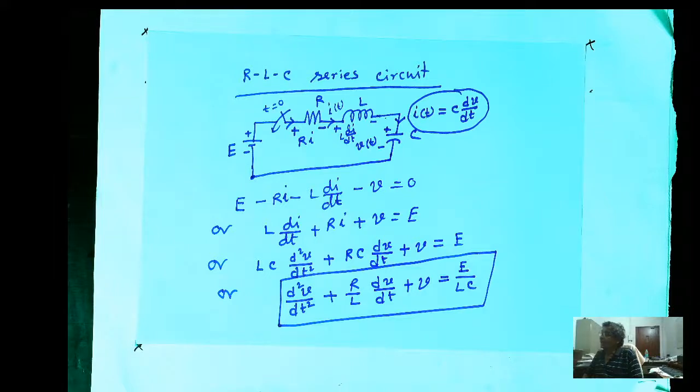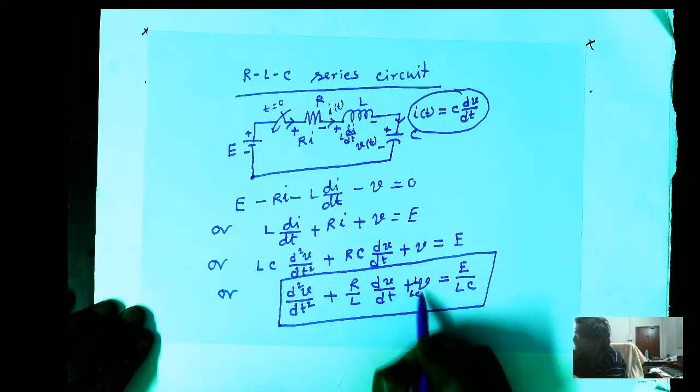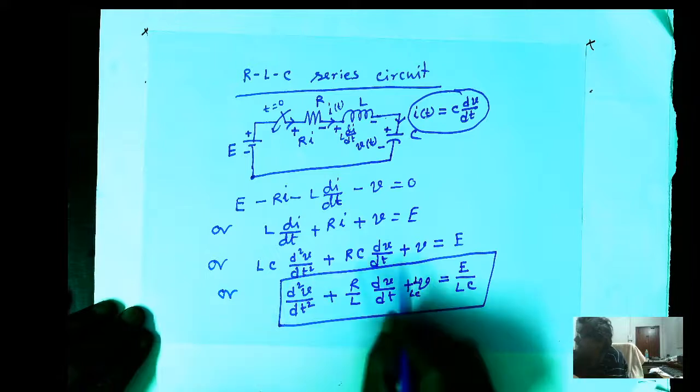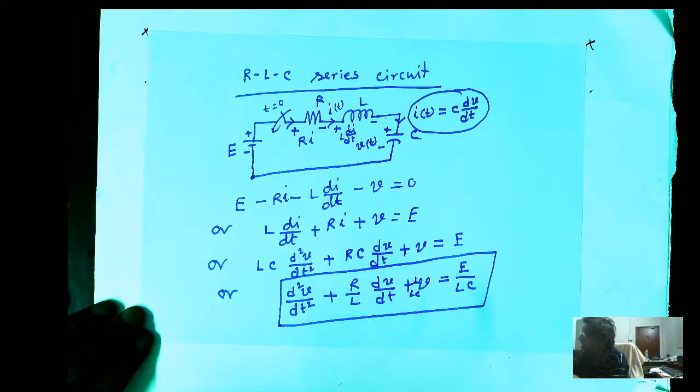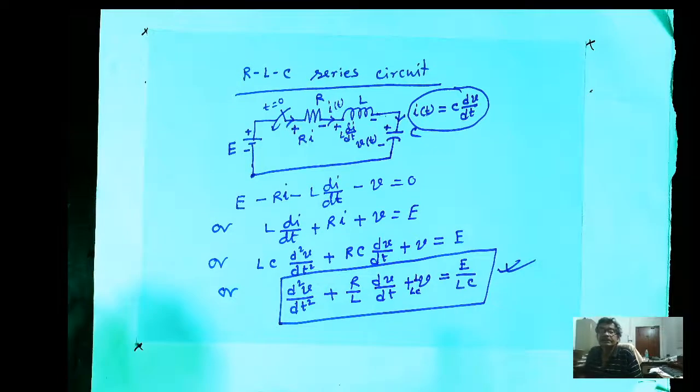Okay, and here I missed another term, 1 by LC, because I have divided by LC. So 1 by LC into V. So this is the final equation, and in the next class we are going to solve this equation, how to solve a second order differential equation. I'll just tell you the steps. Thank you.